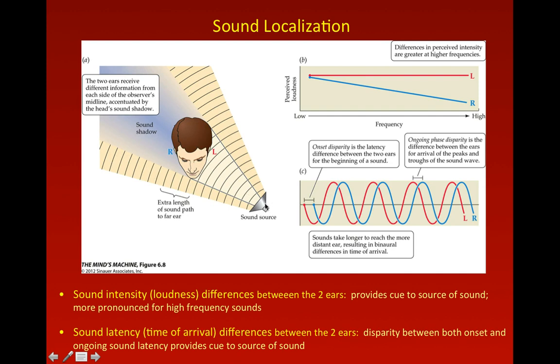So this means that the loudness of the sound, or the intensity, is going to differ between the two ears. The ear that is closest to the sound source is going to hear the sound more loudly than the other ear, because as sound travels with distance, by the time the sound gets past the head and over to the right side, it's not going to be as loud because it's just traveled further, and it's going to fade with distance.